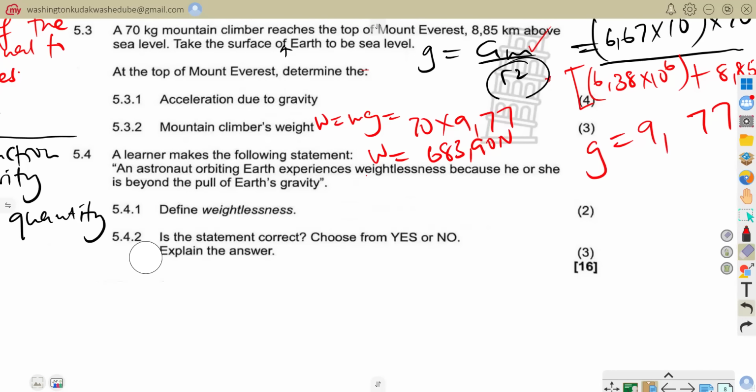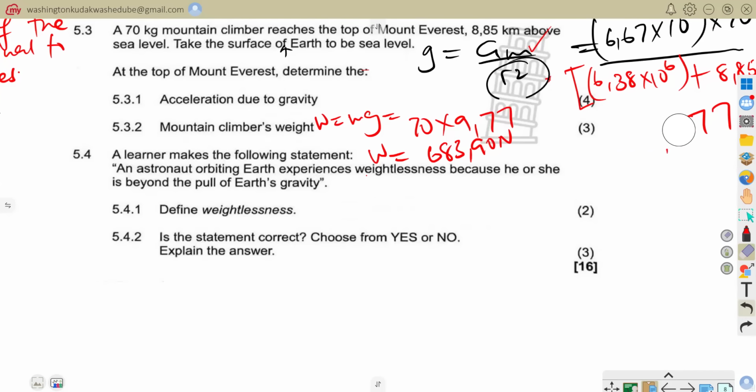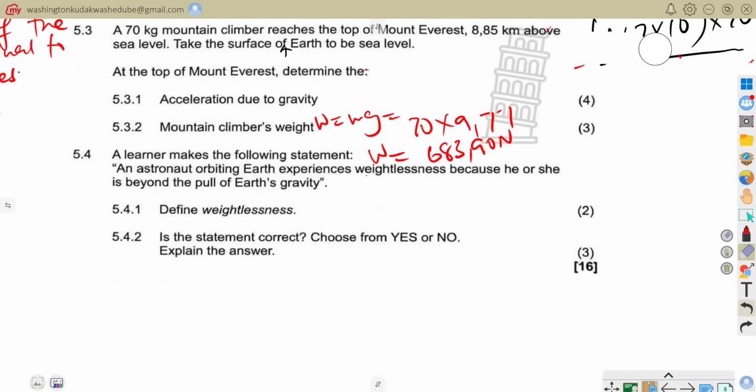Now, after we have said that, the question is now saying, a learner makes the statement, an astronaut orbiting the Earth experiences weightlessness because he or she is beyond the pull of Earth's gravity. We now know that you are just supposed to apply weight is equal to mg.